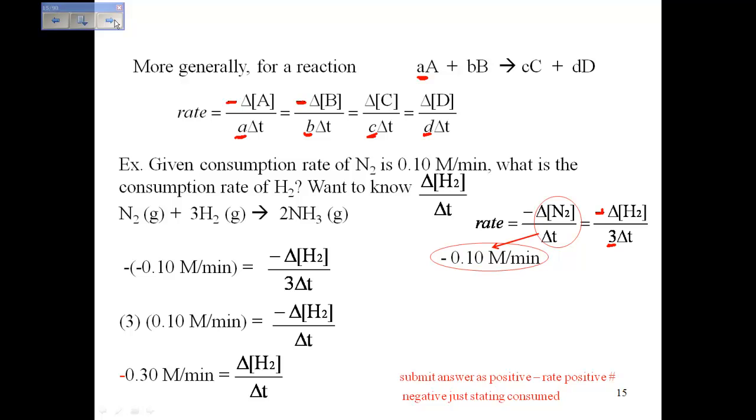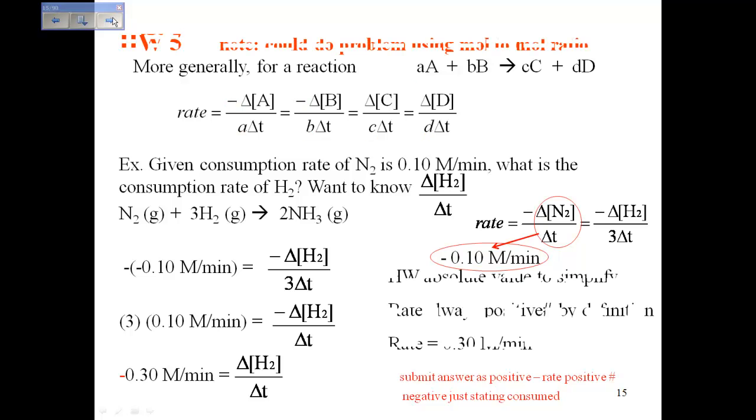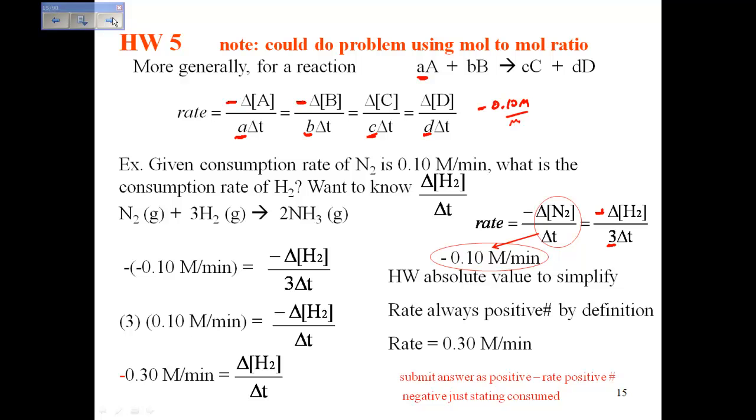Now, we could easily have done this problem slightly differently if we wanted. This is rate, how it's done with kinetics, but you can go back to your Gen Chem 1 stuff and also do it on a mole-to-mole basis. We know that we have a negative 0.1 molarity per minute of nitrogen, and there's a relationship between nitrogen and hydrogen with our 3 to 1.